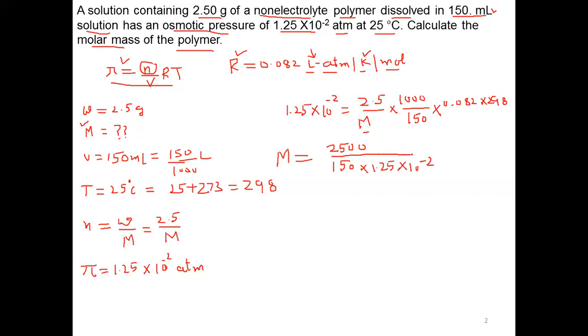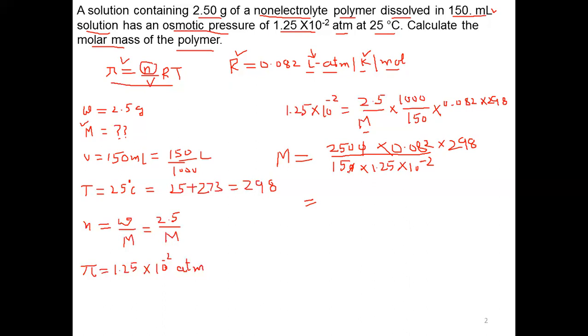And we have 0.082 into 298. So if we solve this, the 10 gets cancelled.